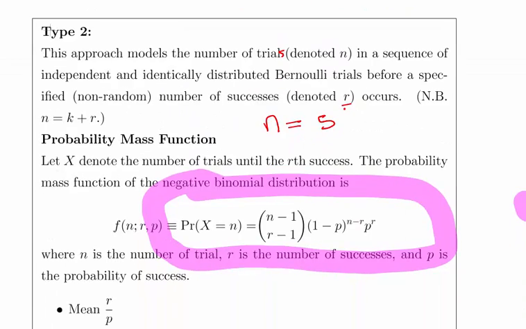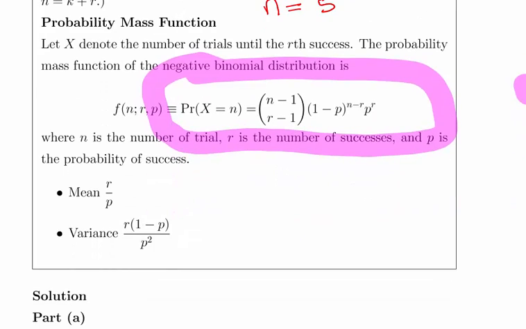Think explicitly in terms of N and R in this instance. The mean here is R over P, and the variance is R times 1 minus P over P squared.